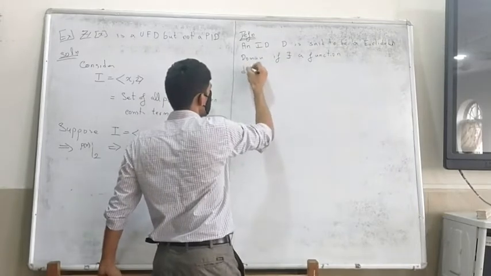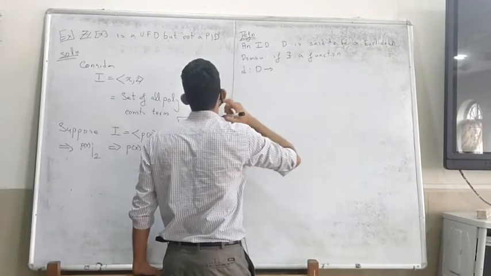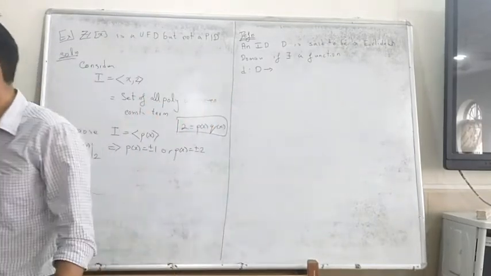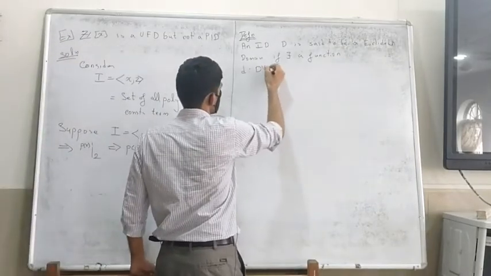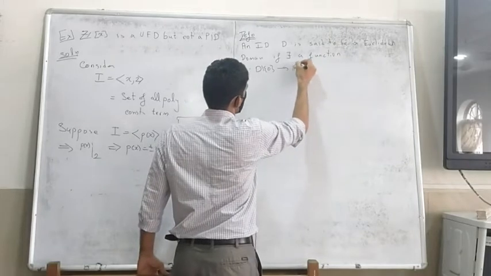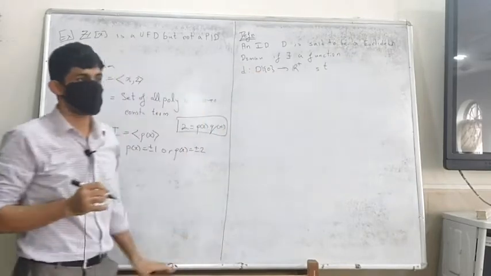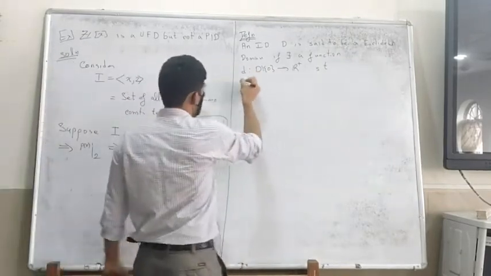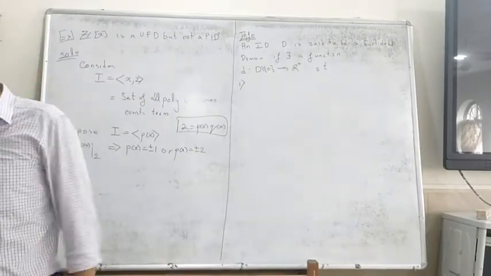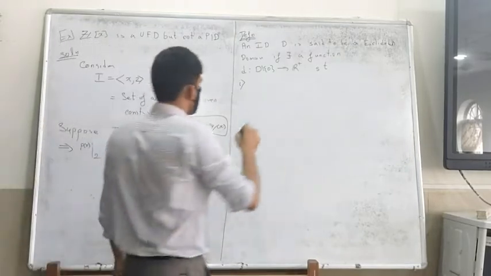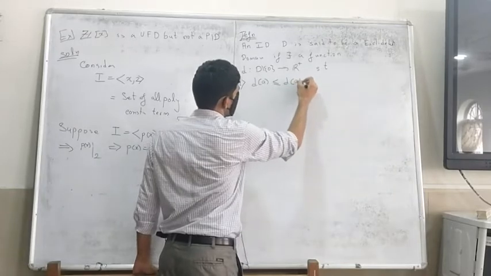There exists a function d, small d, from D difference 0 to N union 0, or to R plus. I'm not defining this at 0, which has the properties that, 1, if a and b are in D difference 0, then d of a is less than or equal to d of ab.